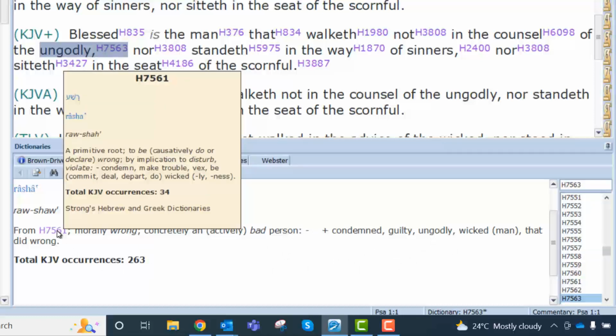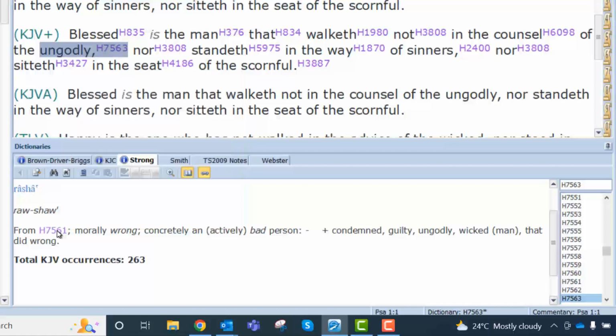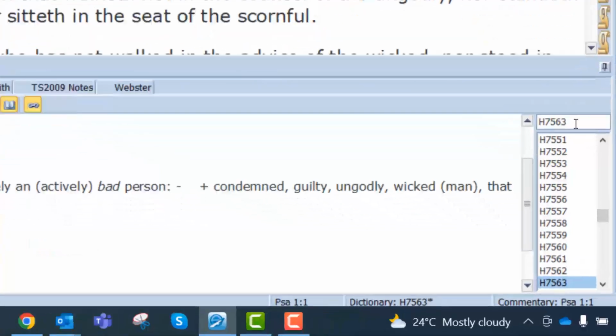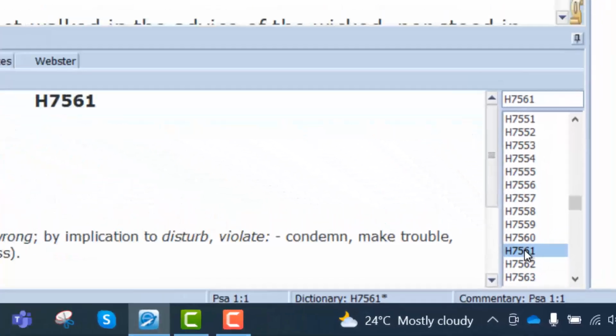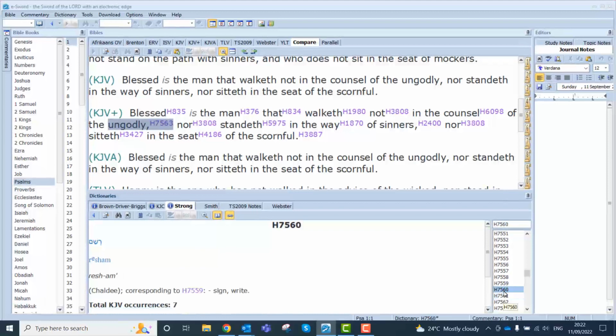But you also have the root word. Sometimes the Strong's Concordance in this e-Sword version will give you the root word. When you look at the number 7561, here on the right, you can now go to 7561. So there's Rasha. But sometimes you can go to 7560 and get Resham, 7562, Resha, iniquity, wickedness.